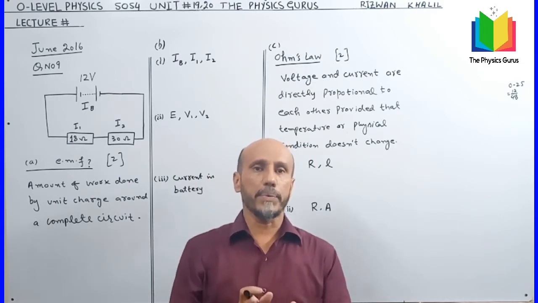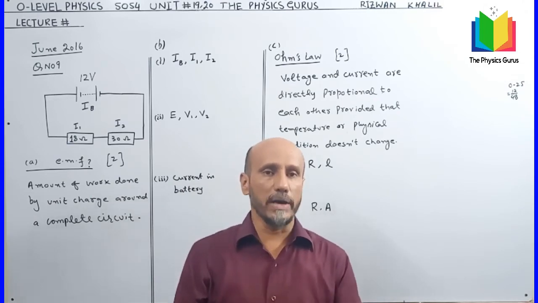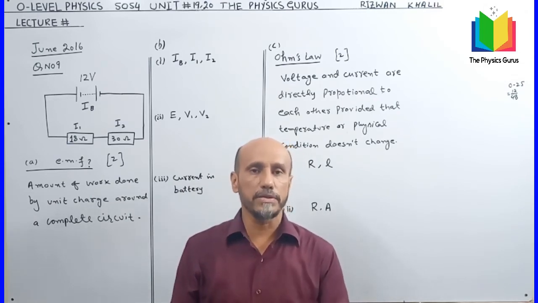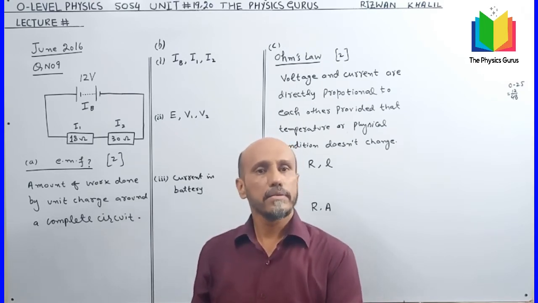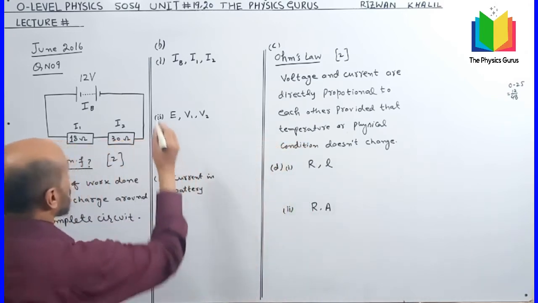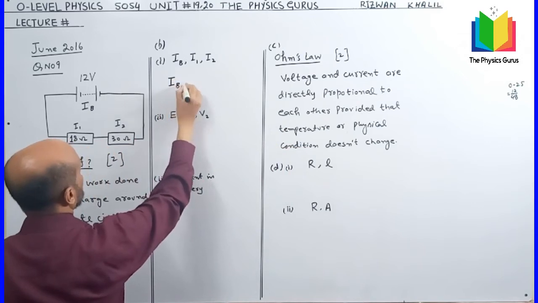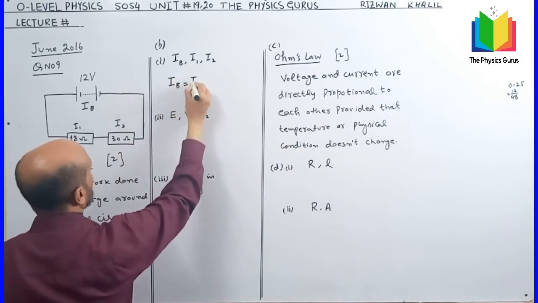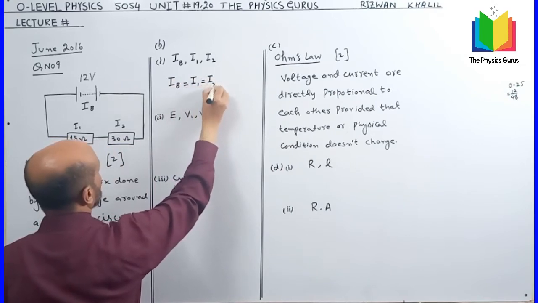So the current of the battery is equal to the current passing through resistor 1 and through resistor 2, that is, through 18 ohm and 30 ohm as well. So what will be the relation? IB is equal to I1 is equal to I2.